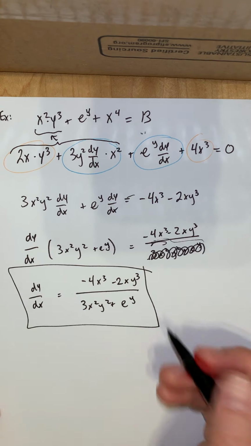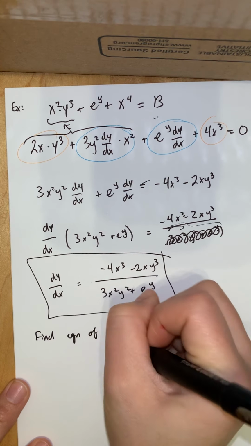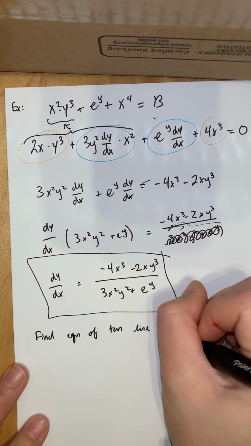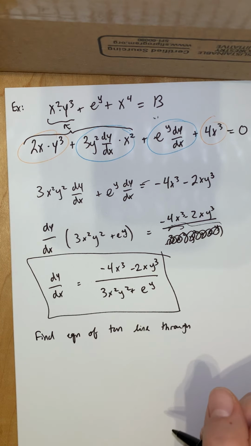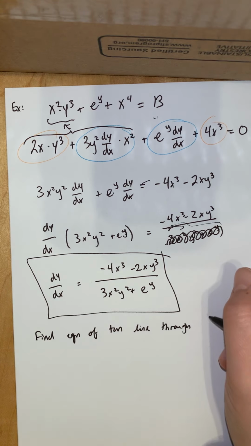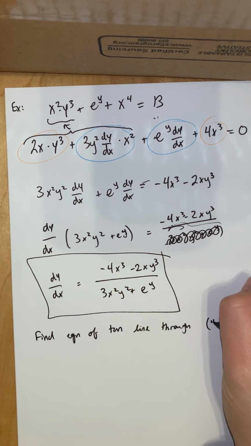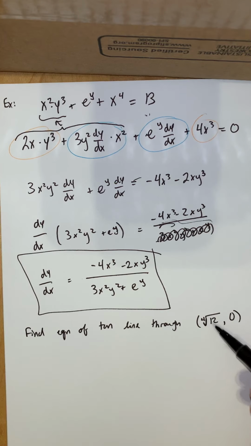I found this guy. Now if I wanted to find the equation of the tangent line through, let's say, the fourth root of 12, comma 0. Again, this example is pretty contrived.